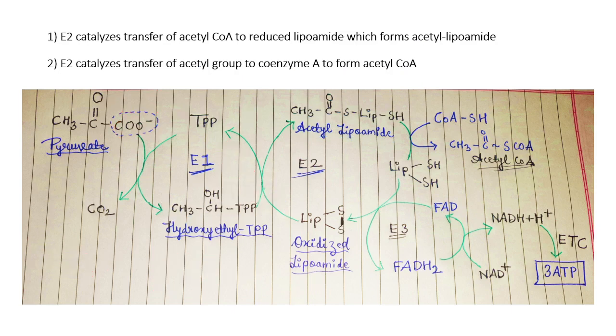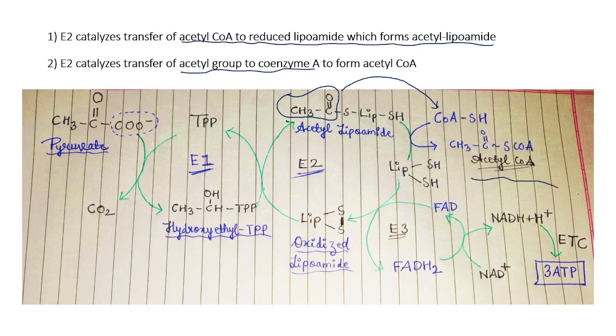Next step. Enzyme 2 catalyzes transfer of the acetyl group to reduced lipoamide, which forms acetyl lipoamide, which we have already discussed. Then enzyme 2 will catalyze the transfer of the acetyl group to coenzyme A. So this acetyl group will be transferred to coenzyme A. Acetyl group plus coenzyme A will form acetyl coenzyme A. And who is going to catalyze it?